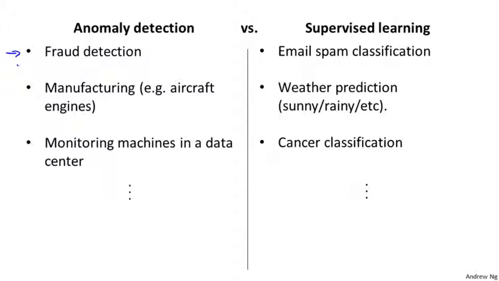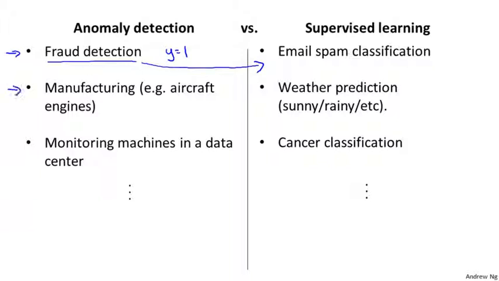I should say, if you're a very major online retailer, and if you actually have had a lot of people try to commit fraud on your website, so if you actually have a lot of examples with y=1, then sometimes fraud detection could actually shift over to the supervised learning column. But if you haven't seen that many examples of users doing strange things on your website, then more frequently fraud detection is treated as an anomaly detection algorithm rather than with a supervised learning algorithm.